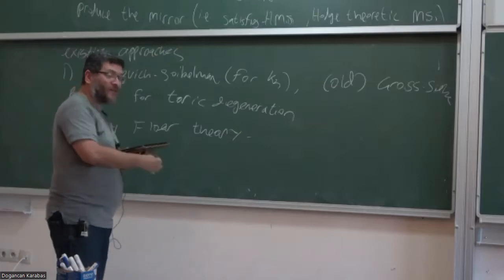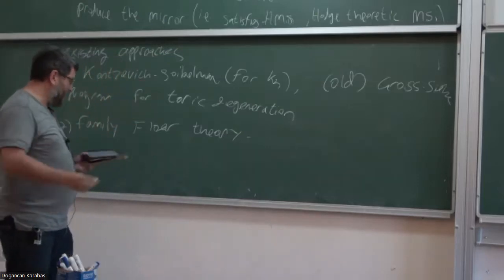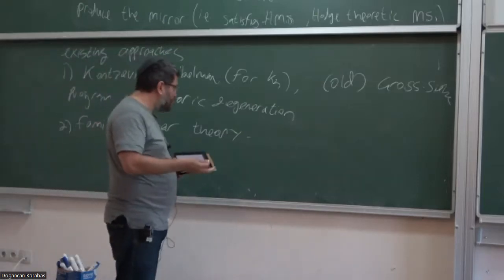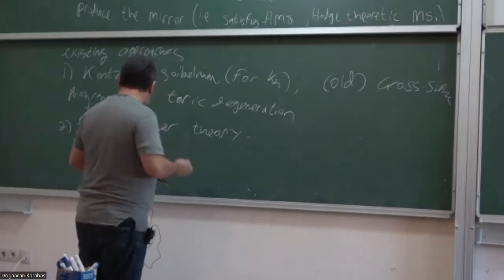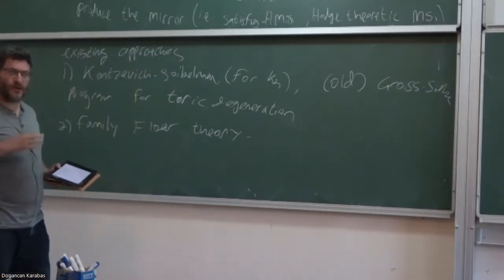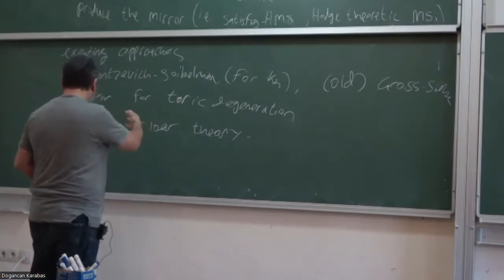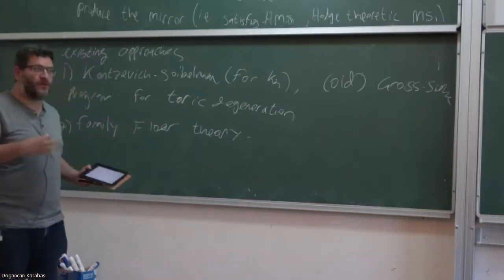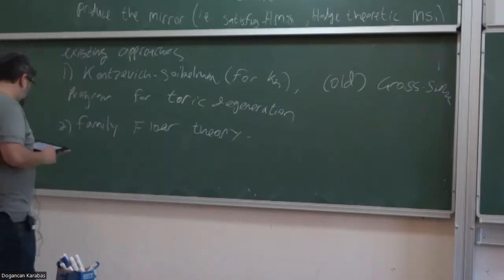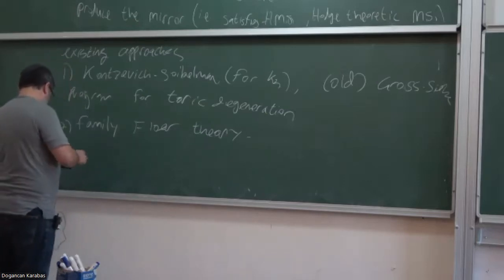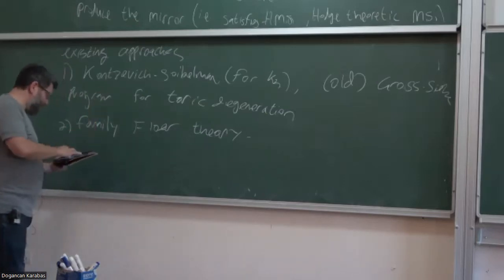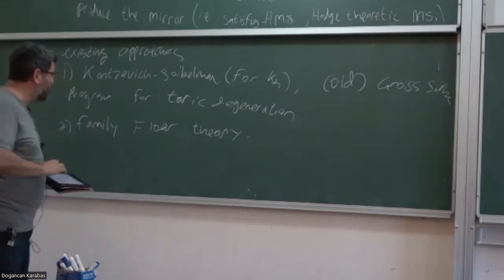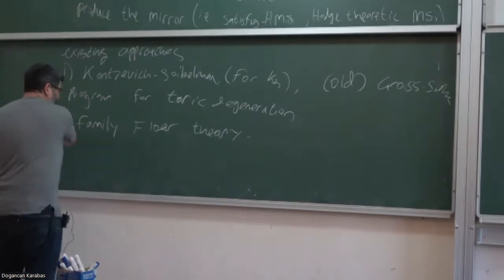The place we're trying to improve is in treating singularities. Family Floer theory works in a limited way when you have singularities. We claim that relative SH is a better way.